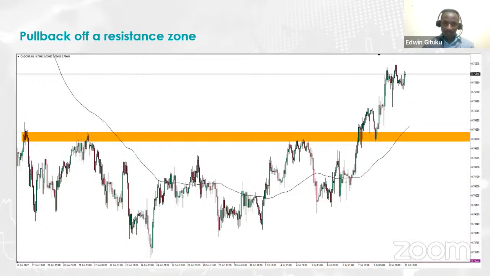So you have the first peak, the second peak, the third peak. Then on the fourth attempt, price fails to retain this zone as a resistance zone. It breaks, and on the far right side, you can see that upon breaking that resistance, price reverses a bit and continues moving higher. So in this case, I would say price is on a reversal from the previous trend.